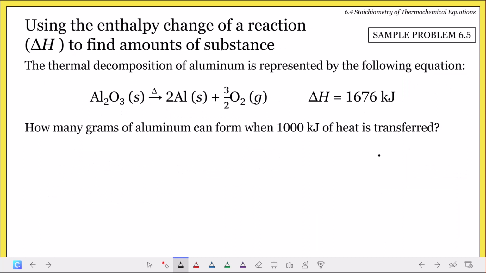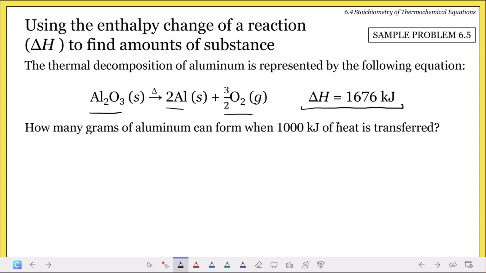We're going to use the enthalpy change of a reaction to find amounts of a substance. The problem states that the thermal decomposition of aluminum oxide is represented by this equation here. I have aluminum oxide, I'm applying some heat to this substance, and it's decomposing into its elemental components. It tells me that this reaction requires 1,676 kilojoules of heat.